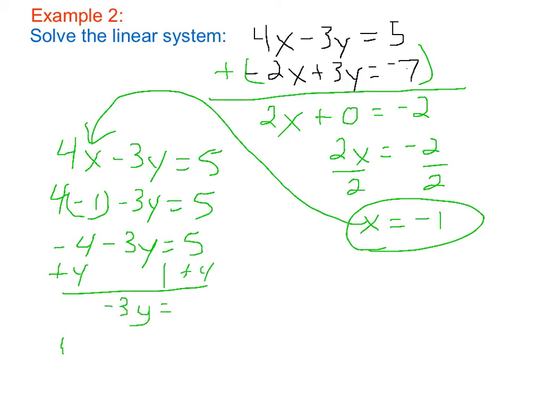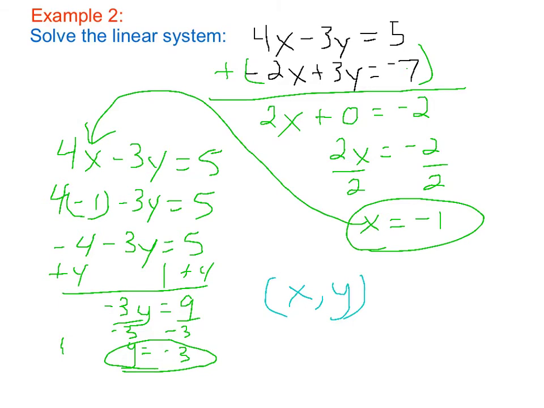Negative 3y equals 9. If we divide both sides by negative 3, y is going to equal negative 3. And again, we're going to write our answer as an ordered pair, x coming first, y coming second. So we've got negative 1, negative 3 is where those two lines are going to intersect.